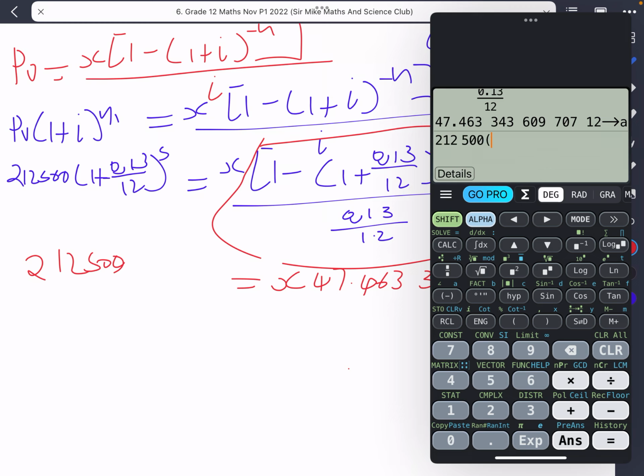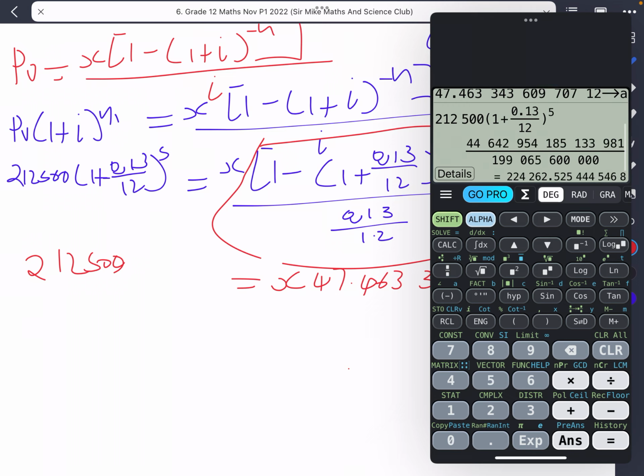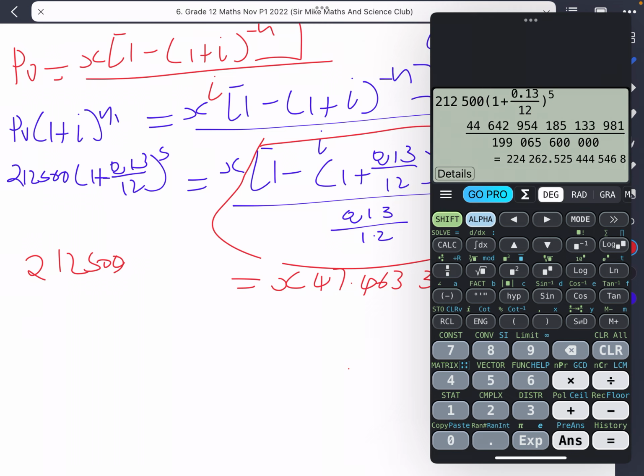So x would be equal to 212,500 multiplied by, and I'm just gonna put that into the calculator and see what I get. I'm just gonna shift store that at A.